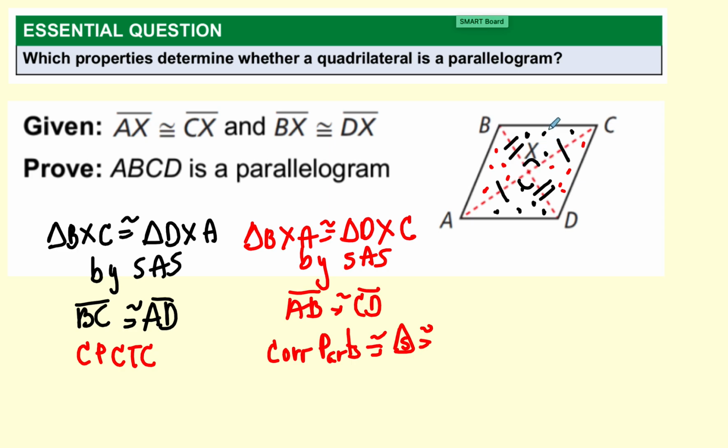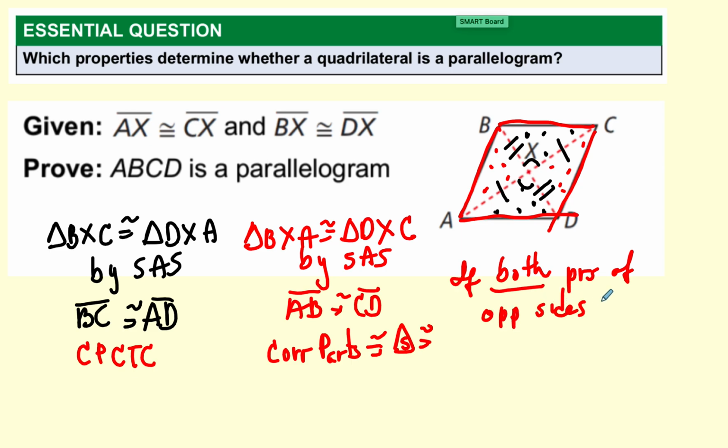Once I have shown that this side is congruent to this side and this side is congruent to this side, then we can use one of our former theorems. Remember that we have to say if both pairs of opposite sides are congruent, then it's a parallelogram.